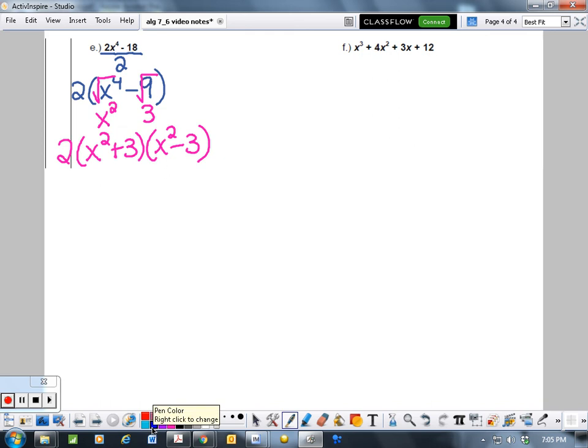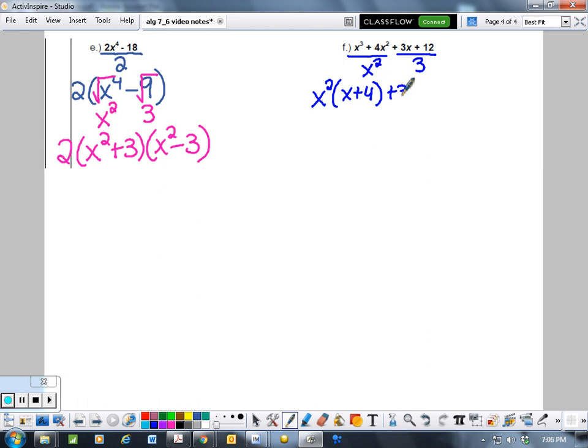Okay, next one. X to the 3rd plus 4x squared plus 3x plus 12. Holy shnikes. I don't see anything in common, but there's 4 terms. So let's see if we can factor by grouping and see if this works. So let's see, these have an x squared in common. This has a 3 in common. So let's factor that out. X squared gives me an x plus 4.